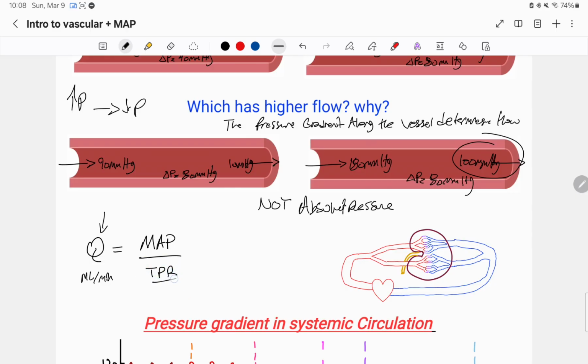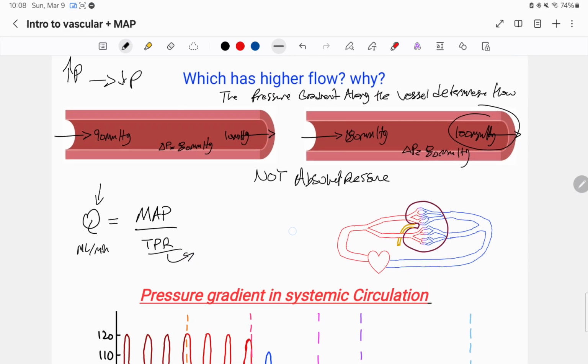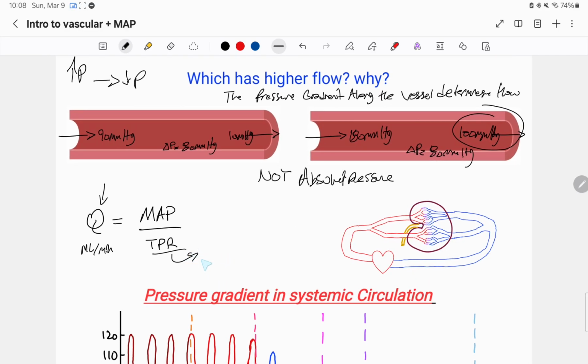Your total peripheral resistance is just a fancy word for the resistance to blood flow in the periphery. What do I mean by the periphery? I mean the vascular tree. How much resistance is the vascular tree providing me to change my blood flow? If the vascular tree has high resistance, then I have low flow.